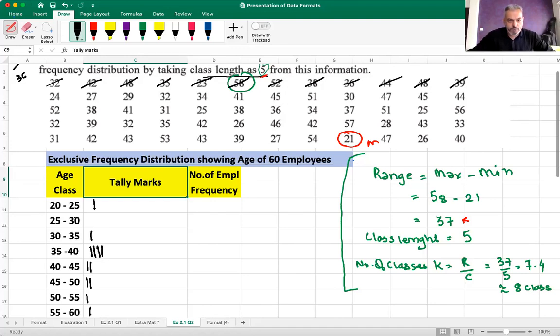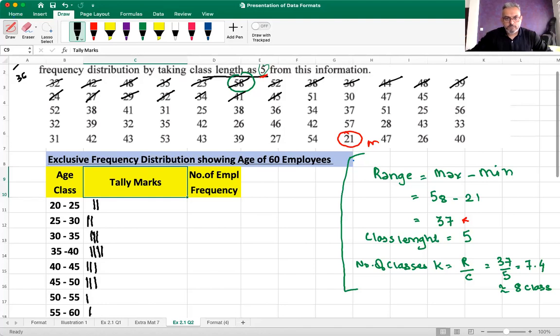Then 24, 20 to 25. 27, 25 to 30. 29, 25 to 30. 32, 30 to 35. 34, 30 to 35. 41, 40 to 45. 45, 45 to 50. 45 will be 45 to 50.